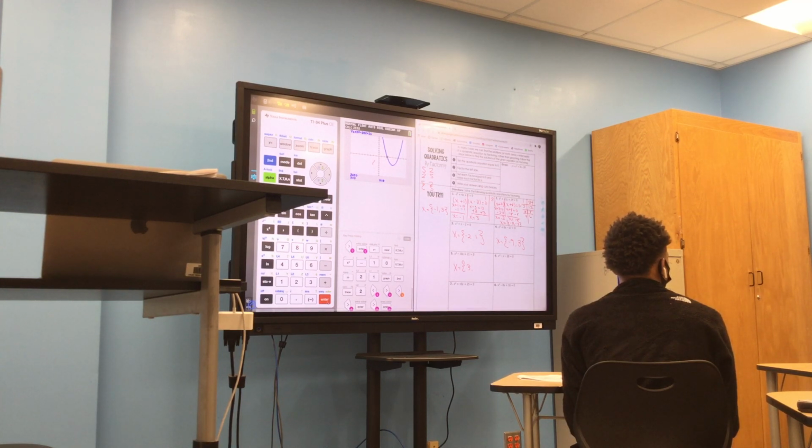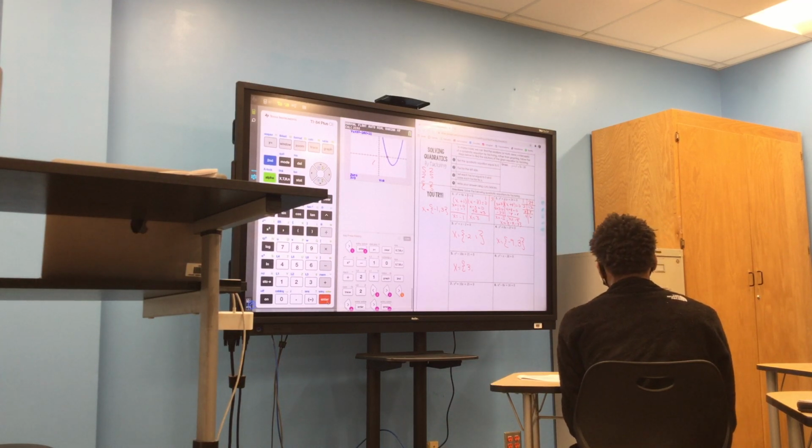Then be on the right side where it crosses, press enter. Sometimes you might get a big number, you just have to keep going. Be on the left side, press enter, and then take it to the right side, press enter, press enter one more time, you got it.